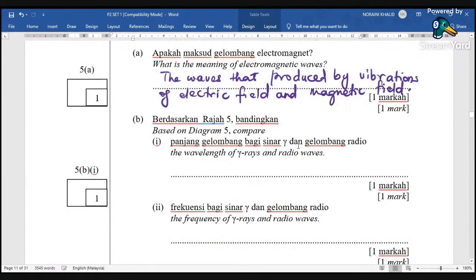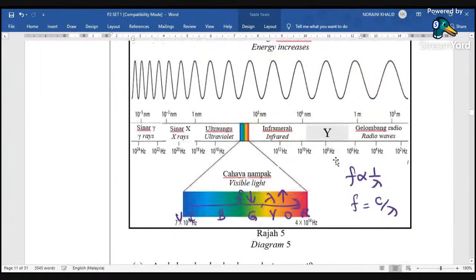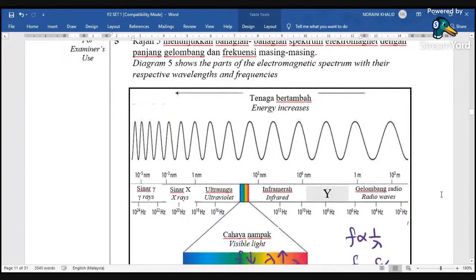Based on diagram 5, compare the wavelength of gamma and radio wave. So you must know from this one. From the diagram also you can determine the distance between two consecutive threads. This one obviously is wavelength, or lambda. So from gamma to radio wave, the distance between two consecutive threads increases.